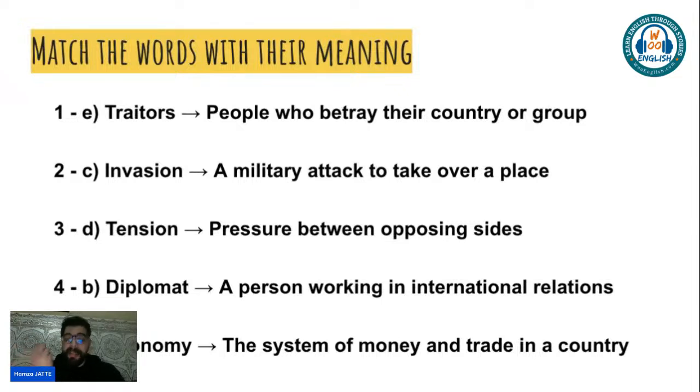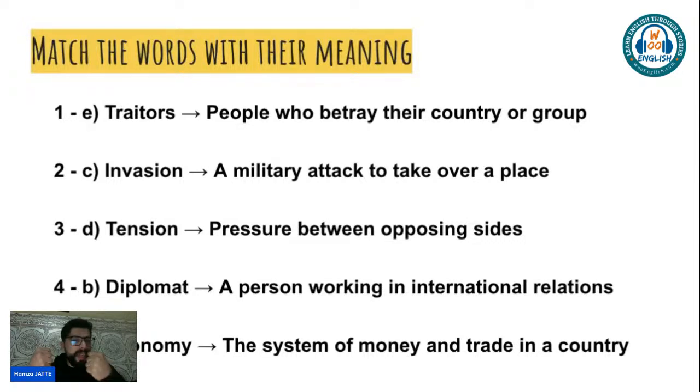A traitor is a person who betrays their country. All right. Number two, invasion. An invasion is when a country takes over or tries to control another country. Like what happened, for example, between Russia and Ukraine. Russia is trying to invade or to take over Ukraine. I hope that's clear.